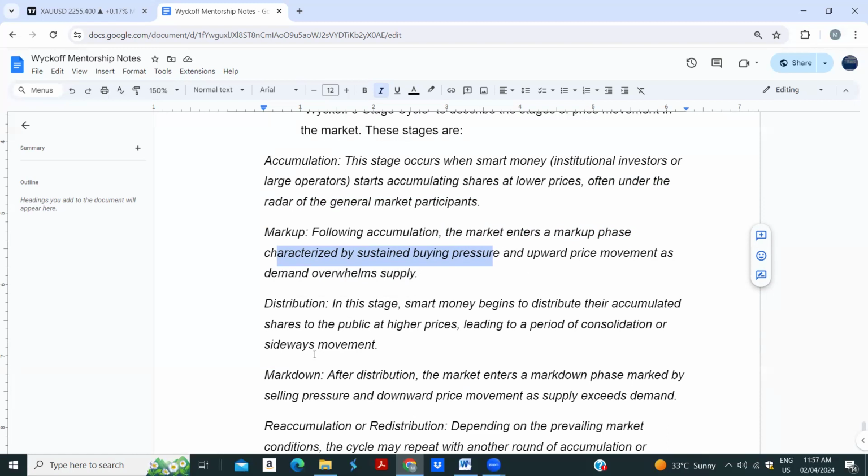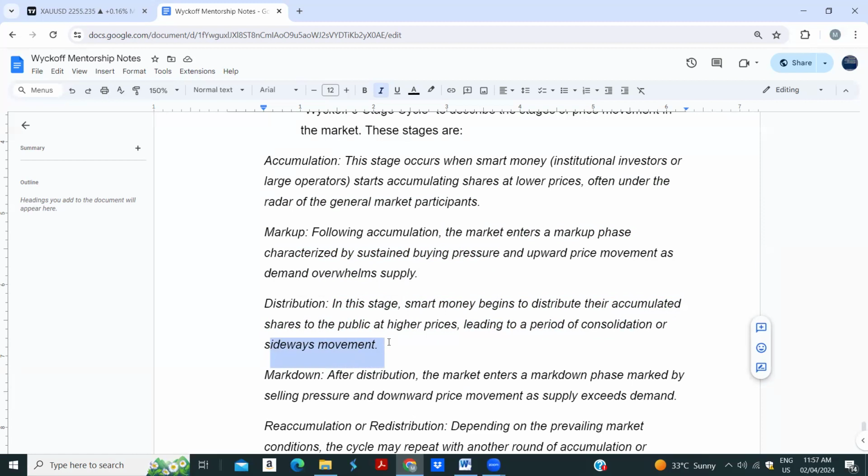Now we have distribution. In this stage, the smart money begins to distribute their accumulated shares to the public at higher prices, leading to price consolidation or sideways movement. This process is also done quietly and is hidden from the general public.